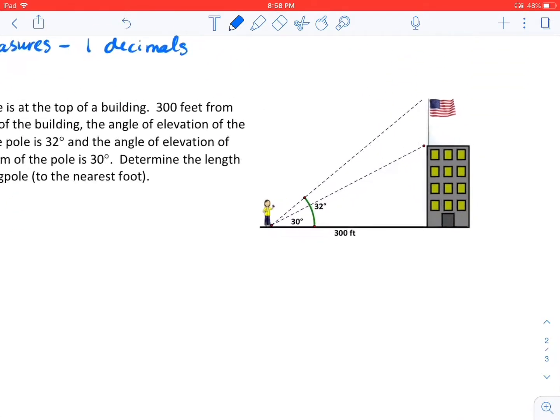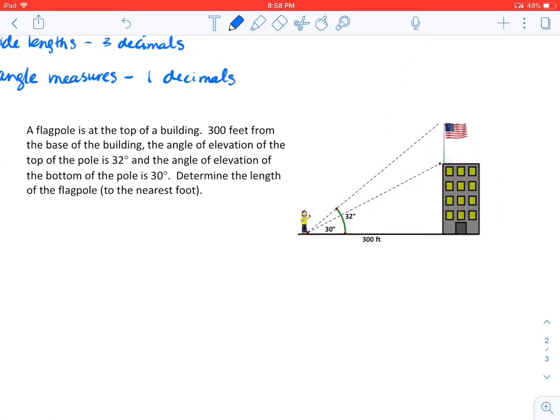A second type of problem is a little more complex in using the angles of elevation notion, and in fact, it uses it twice in order to try and find the height of the flagpole in this case. A flagpole is at the top of a building, 300 feet from the base of the building. The angle of elevation from the top of the pole is 32 degrees.